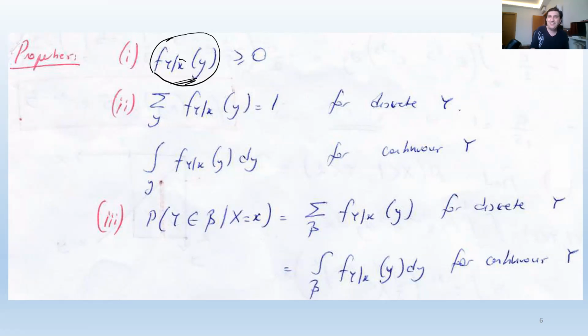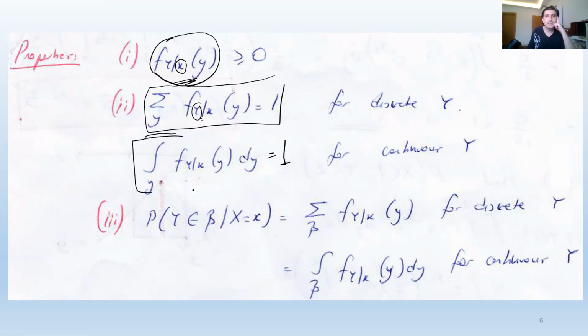Note that again, given x, this is the conditional probability density or mass function of y. Now, if y is discrete, then this summation condition should hold. If y is a continuous value, this integration condition should hold. I'm sorry, there should be 1 here.